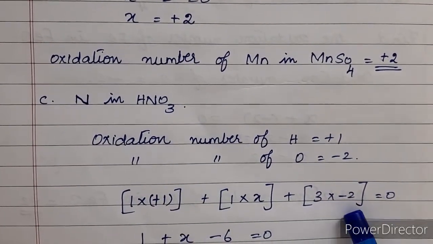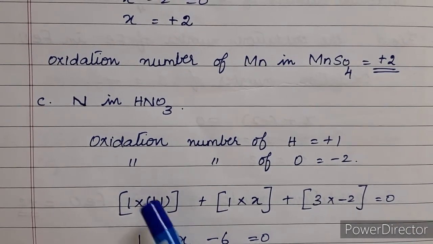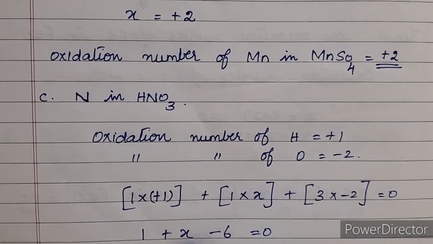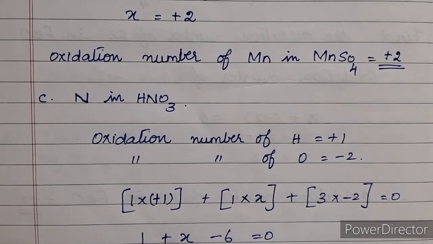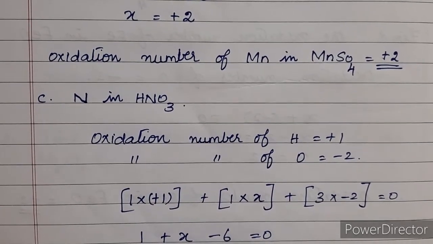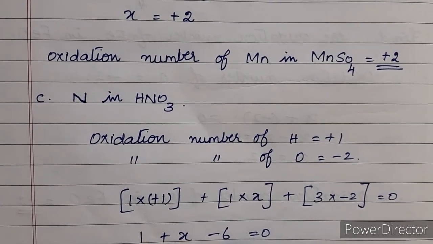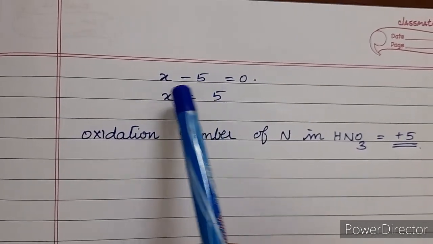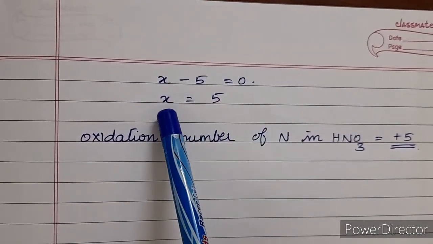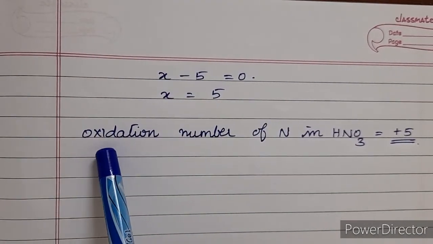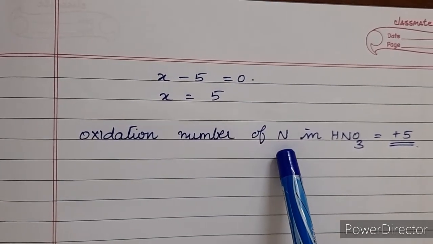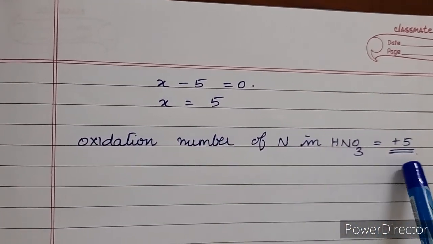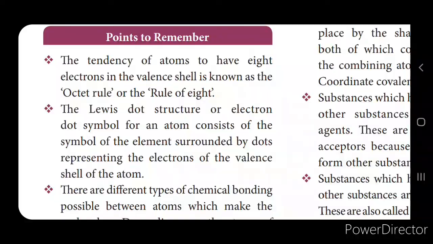So 3 into minus 2 is equal to 0. So this becomes 1, this is X, and this is minus 6. So when you subtract 1 minus 6, it becomes minus 5. So X minus 5 is equal to 0. X is equal to 5. So the oxidation number of nitrogen in nitric acid is plus 5.